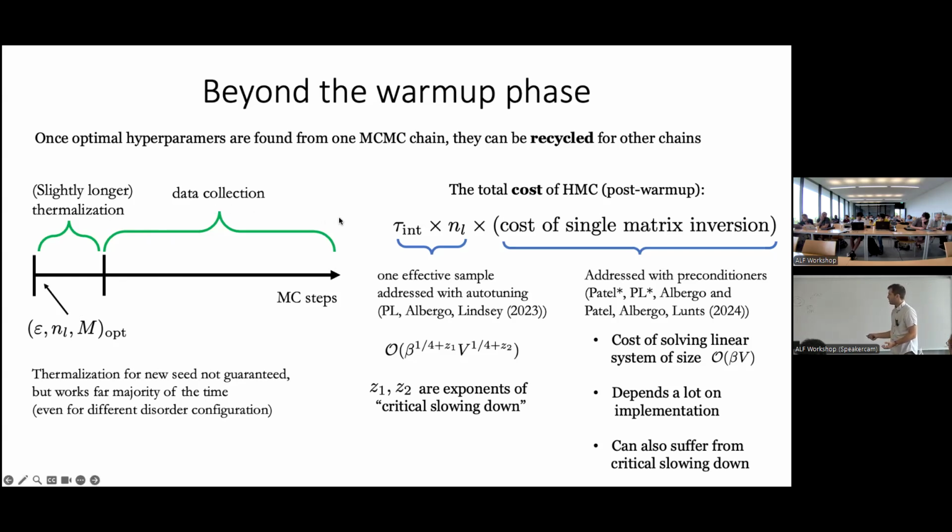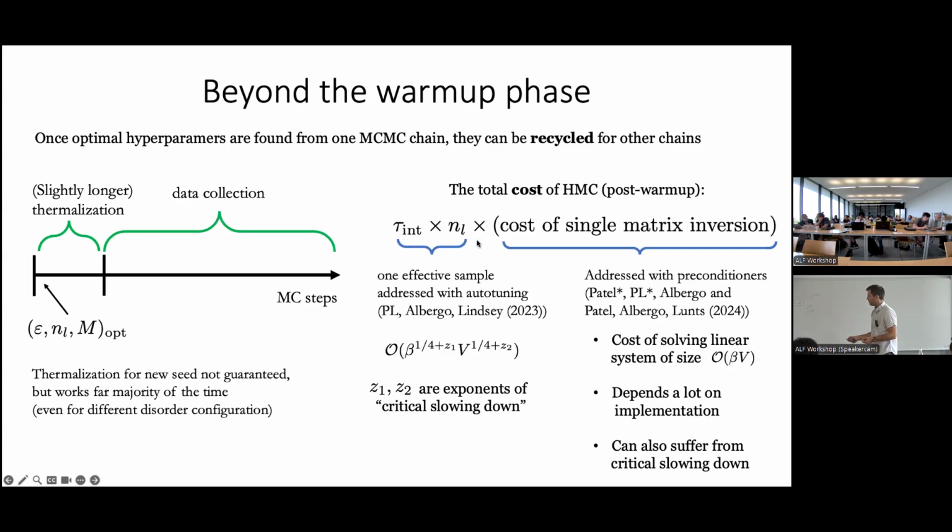The total cost of this HMC is proportional to your autocorrelation time times NL, the number of leapfrog steps you take in your integrator, which is the number of operations per update. This gives you the cost of one effective sample, and reducing this cost is what's addressed with auto-tuning in our paper.